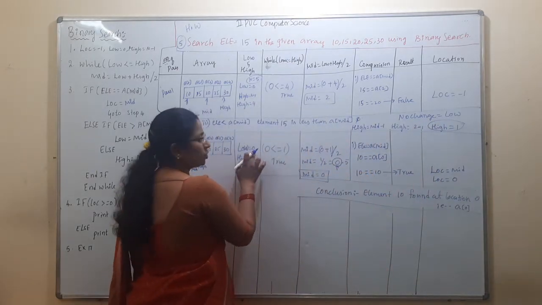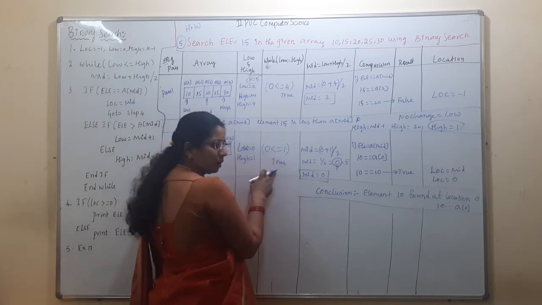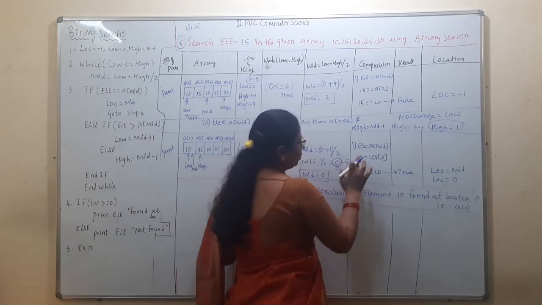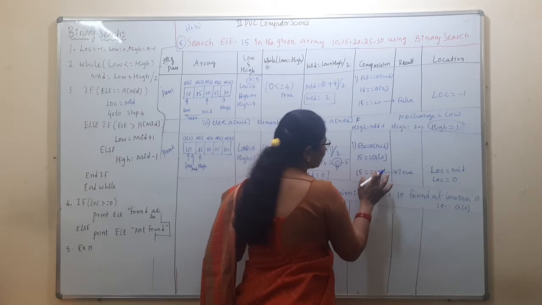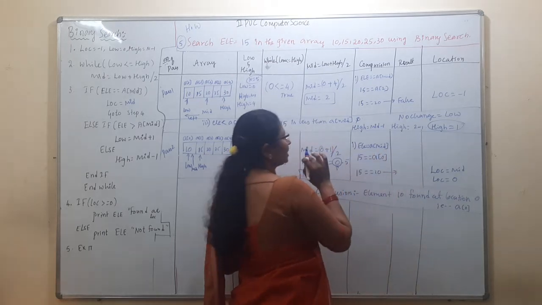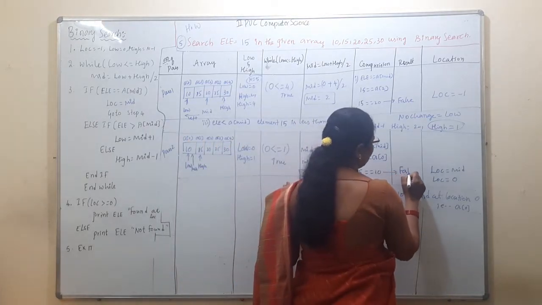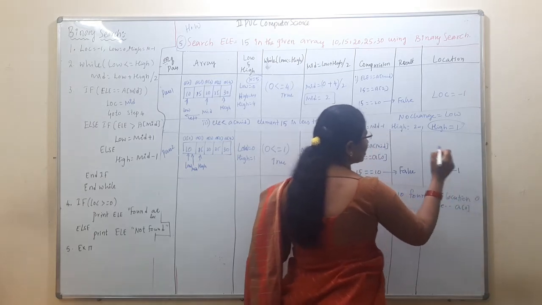Then now the new positions we got are 0 and 1. 0 is less than or equal to 1. The condition is true. Then we continued with the mid value. Is 15 equal to the value present in A of 0? Earlier it was true because the searching element was 10. Now the condition is false. When it is false, there is no change in the location.